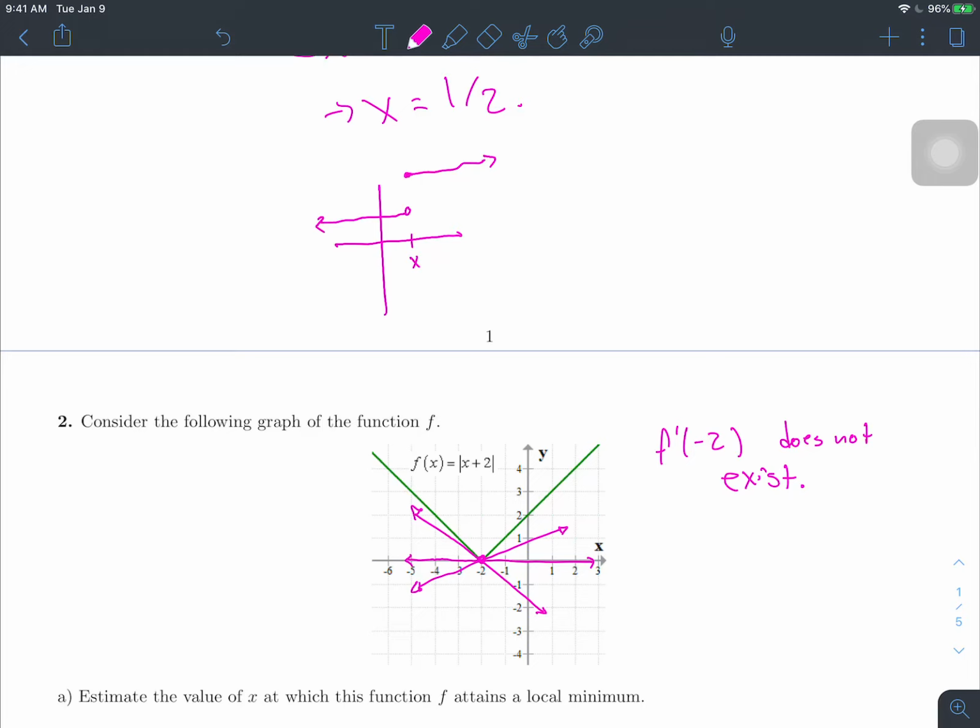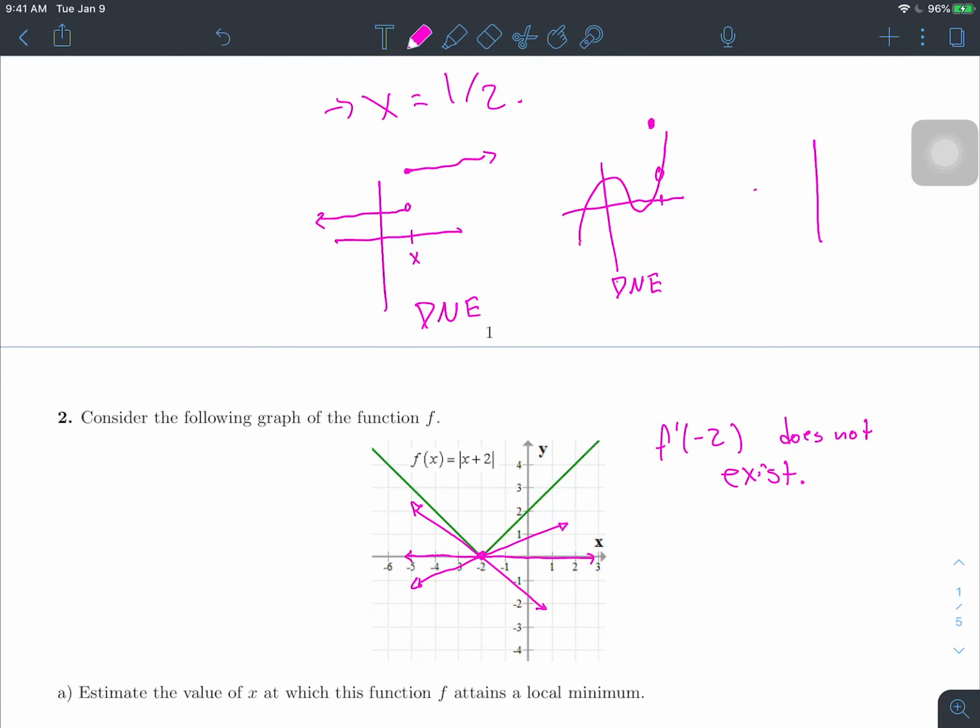So if we have jumps like that, or if we have a function which looks like this and it has a little hole here, this is a DNE situation, this is a DNE situation, and the last one is if our graph is pointy at all, then at either of these points, why don't we call them x1 and x2, we're going to have the derivative not existing.